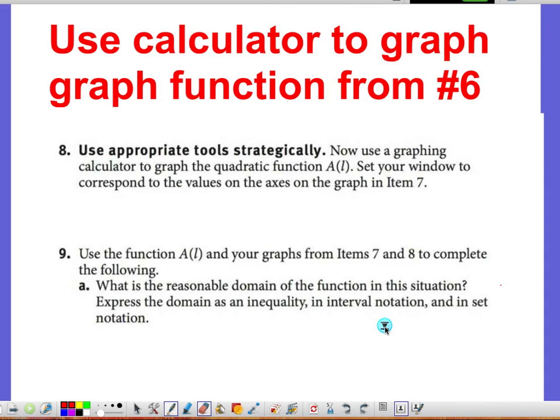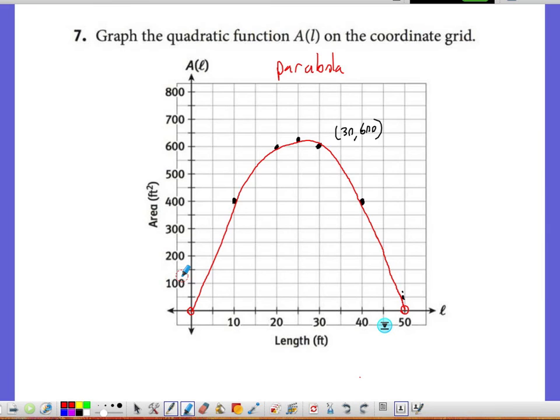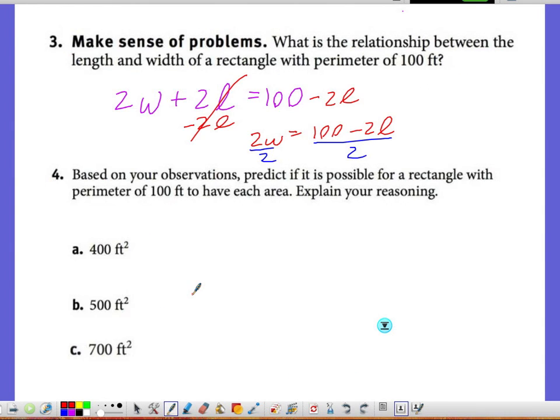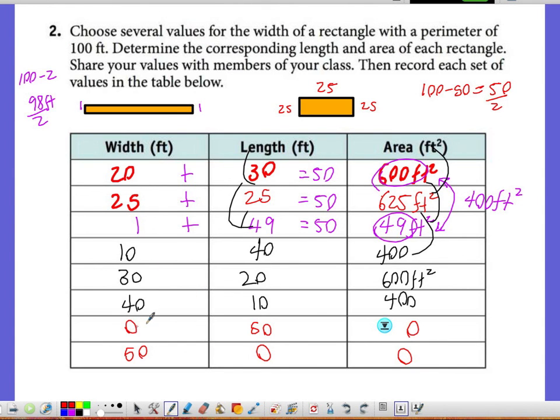So something about this reasonable domain, that's what I was referring to when I talked about these open circles. Do I want my width to equal 0? Do I want my length to equal 50? And vice versa. Do I want my length to equal 0 and my width to equal 50? No, because we get an area of 0, which we don't want at all.